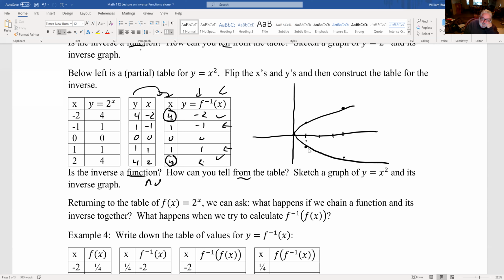So this graph, which is the graph of x equals y squared, is not the graph of a function, because if you put in these vertical lines, it doesn't pass the vertical line test. And you can tell because we've repeated in the x column.